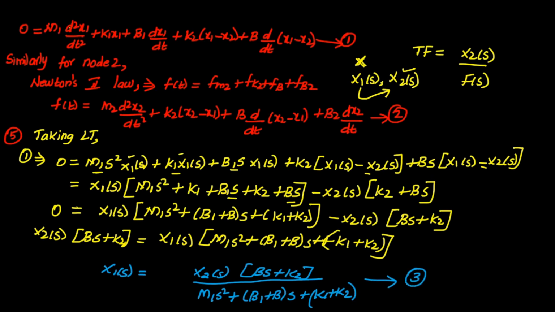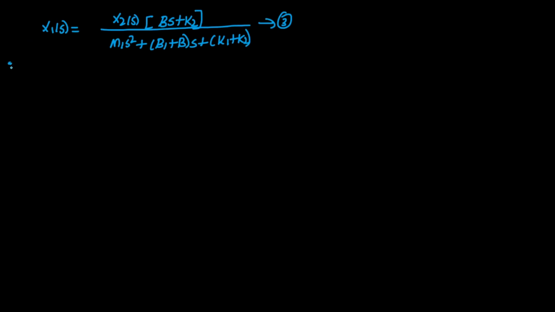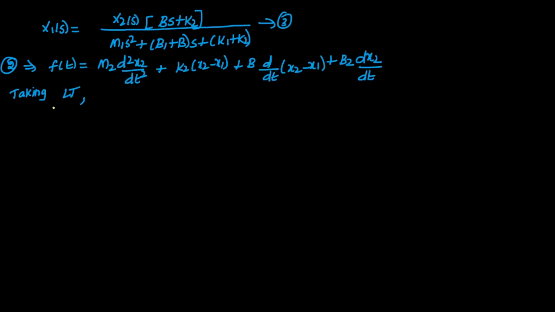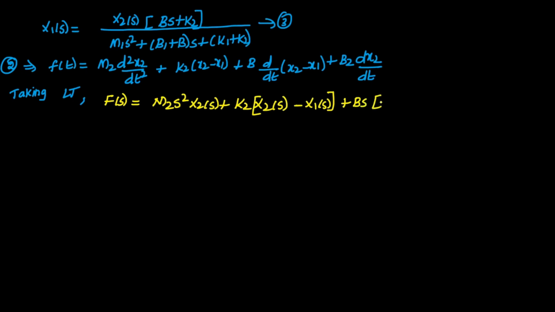Okay. And what is our second equation? What is the Laplace transform for equation 2? F of t is nothing but f of s. So f of s is equal to m2 into s square into x2 of s plus k2 into x2 of s minus x1 of s, correct? Plus bs into x2 of s minus x1 of s plus b2 into s into x2 of s.